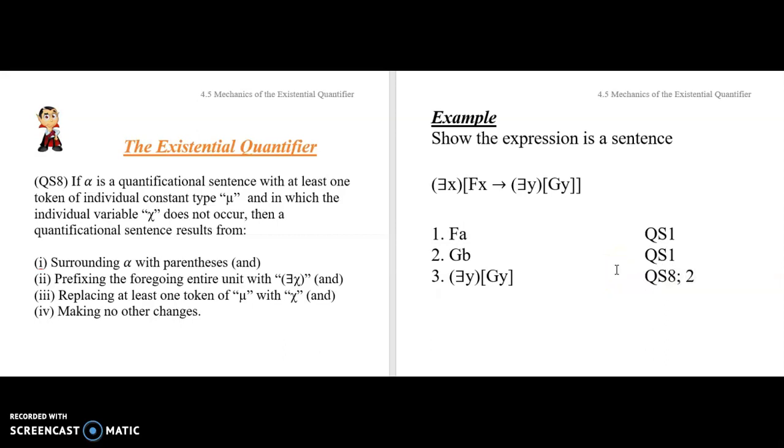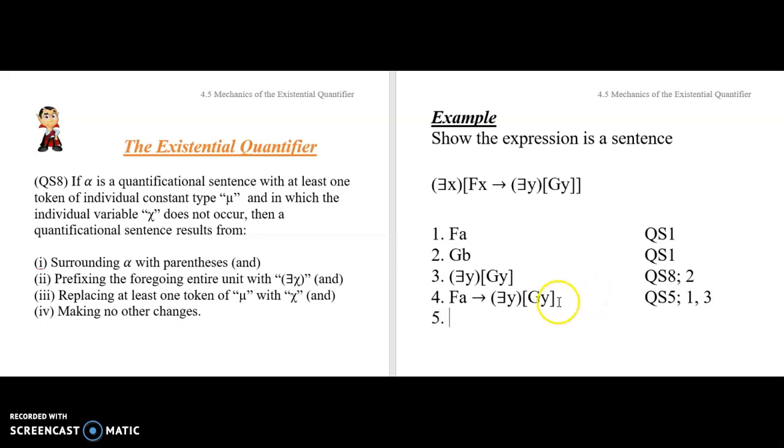And now what we're going to do is build the conditional. And the conditional that we're going to build is going to look just like this with one slight alteration, right? This is going to be an A. So we've got QS5 on lines, what is that, 1 and 3, okay? And now, see if you can finish it from here. So take a second to pause, but we're pretty much there.